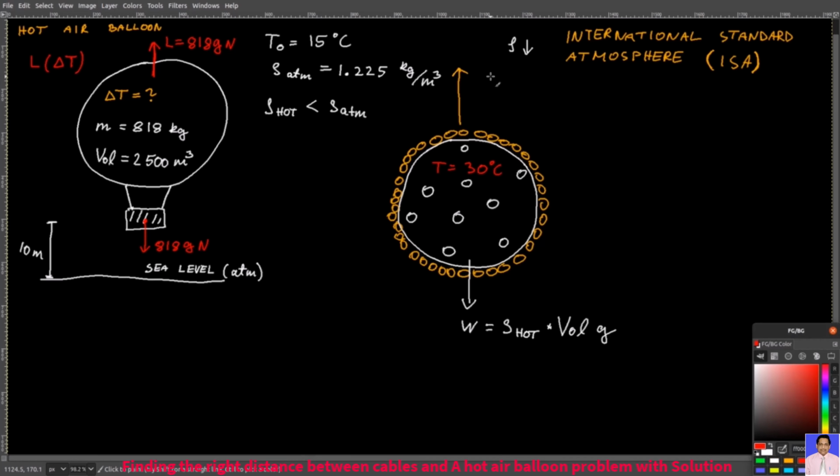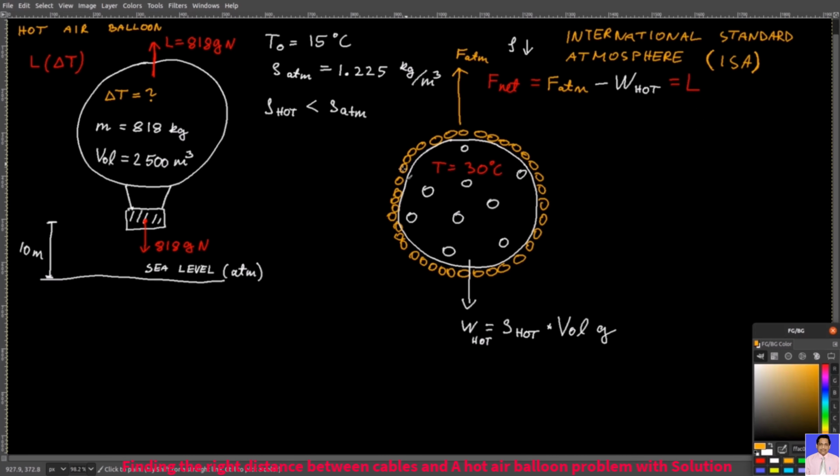And now your net force in this case is this atmospheric force minus this W, and let's put it hot here. So this is the force of gravity of the air inside the balloon that has greater temperature. And that will give you this lift force.